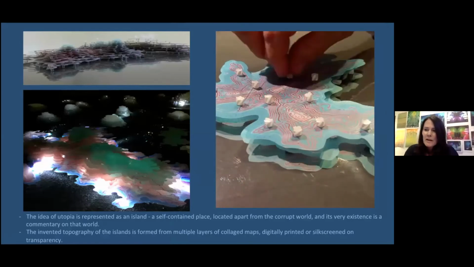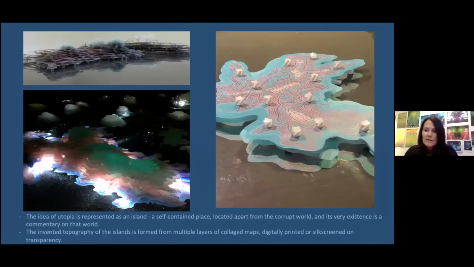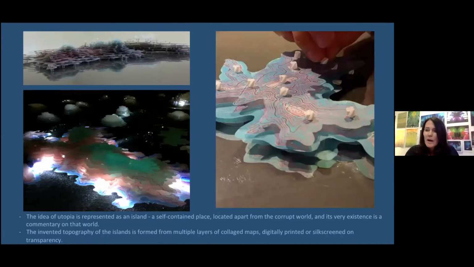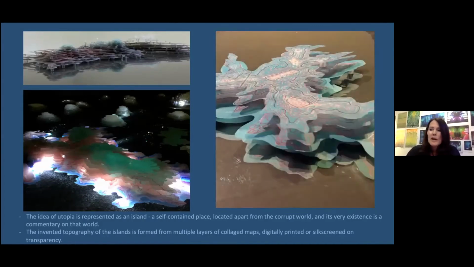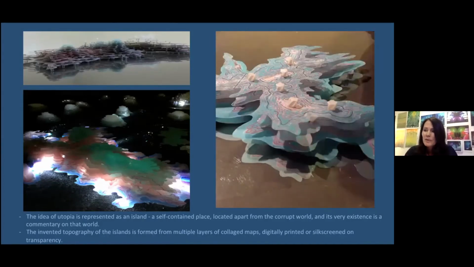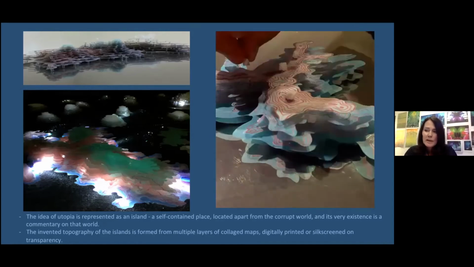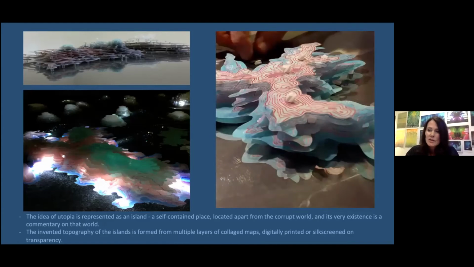These islands are formed from multiple layers of digitally printed and collaged maps. I made dozens of these models of the islands and used them to build sets for the video, which I played at the beginning of my presentation.